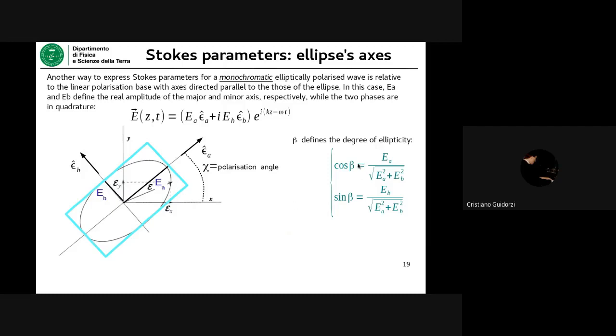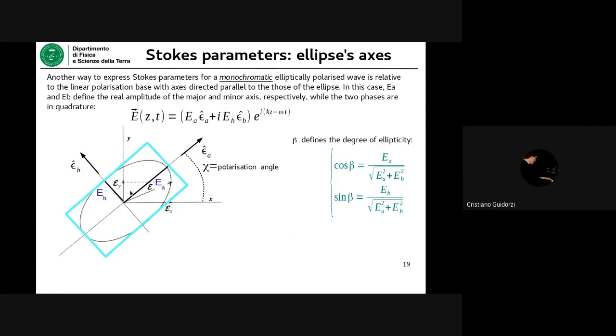You can define a beta angle, which tells you the proportion between the two sides. So beta, for example, is 45 degrees when the rectangle is just a square.